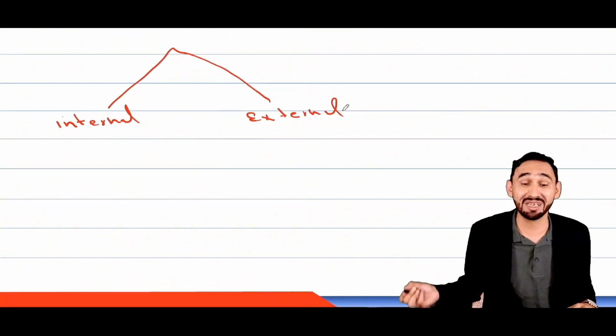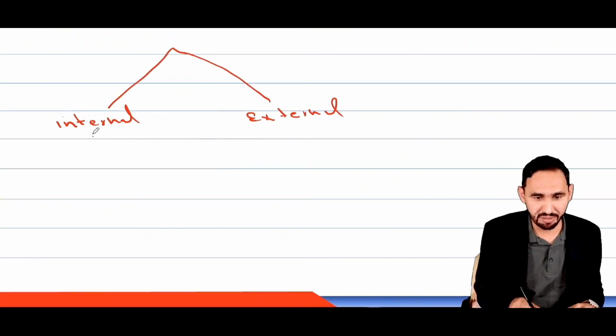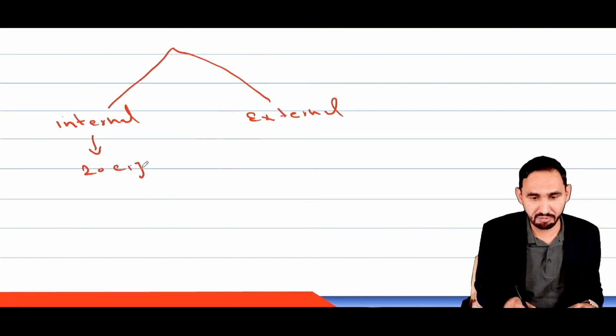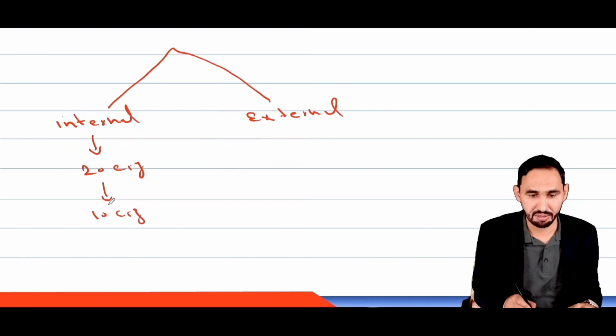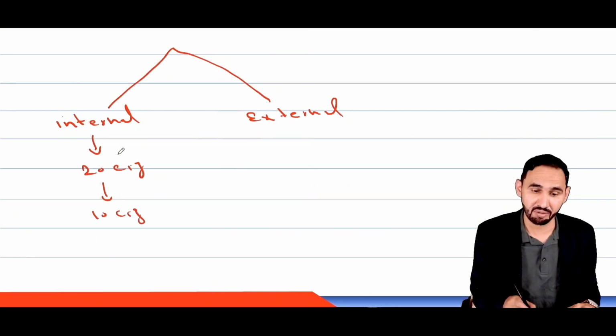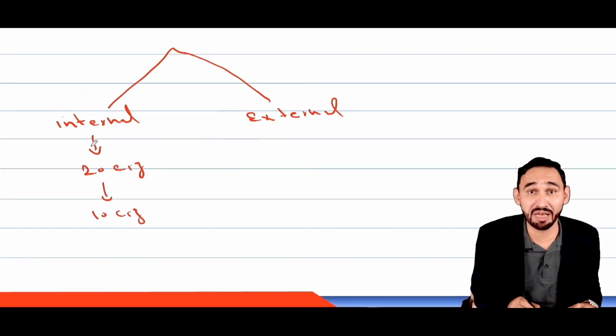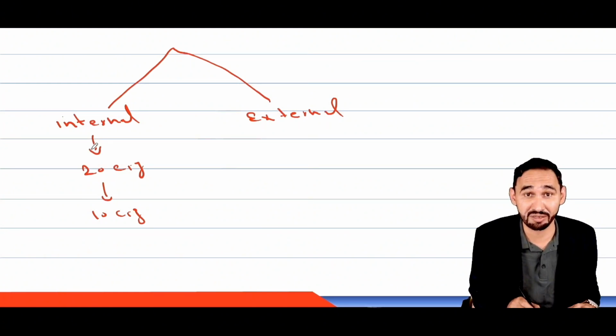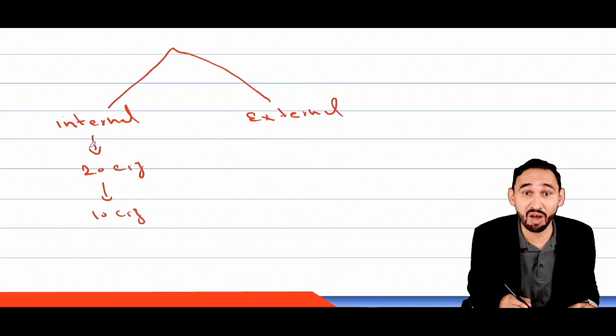So we can do internal comparison. We can compare those who smoke 20 cigarettes and those who smoke 10 cigarettes. Outcome varies. So this is internal comparison. We can select the control group from this same cohort.